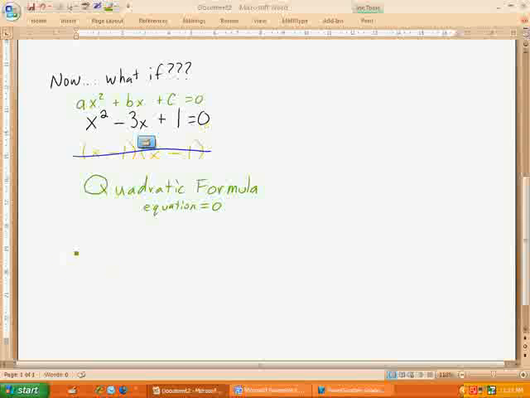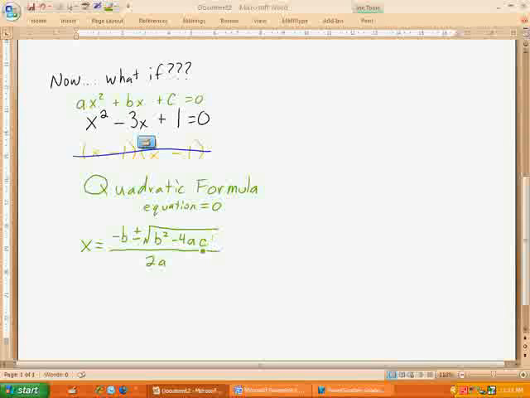The quadratic formula is this: x equals negative b plus or minus the square root of b squared minus 4 times a times c, all divided by 2a. Now I know that sounds like a lot, but this is something that you will all memorize.